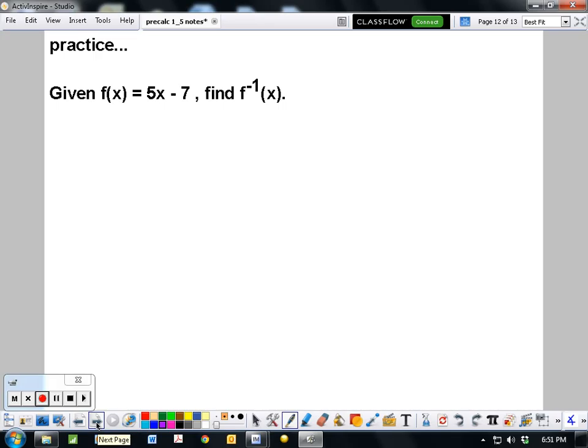Okay, so let's find our inverse. We have y equals 5x minus 7. We flip-flop. We solve for y.